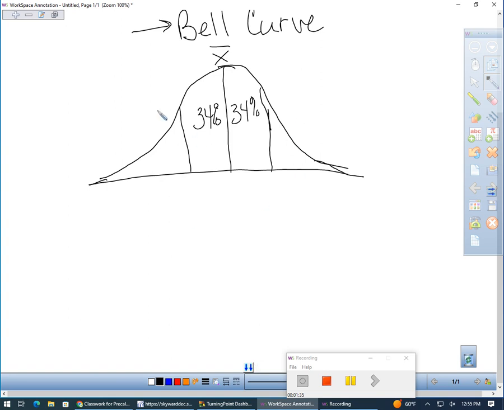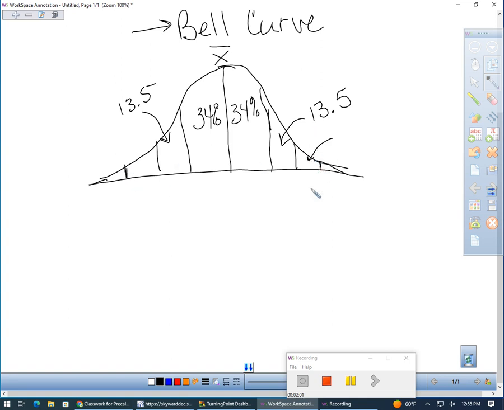The next section, broken off, is 13.5%. And we have the same percent on this side. It is 13.5. Then we have one more little section on each side.